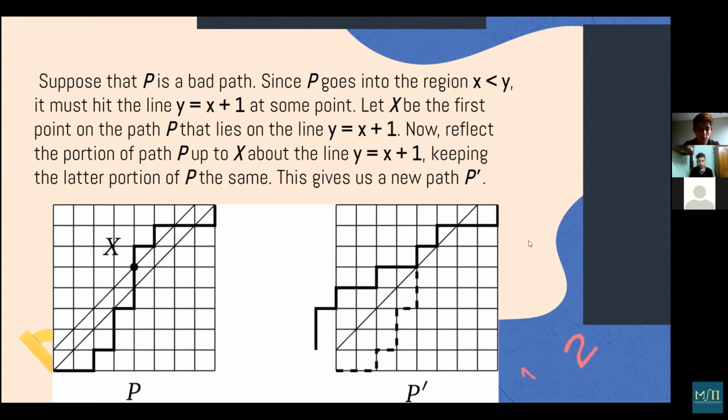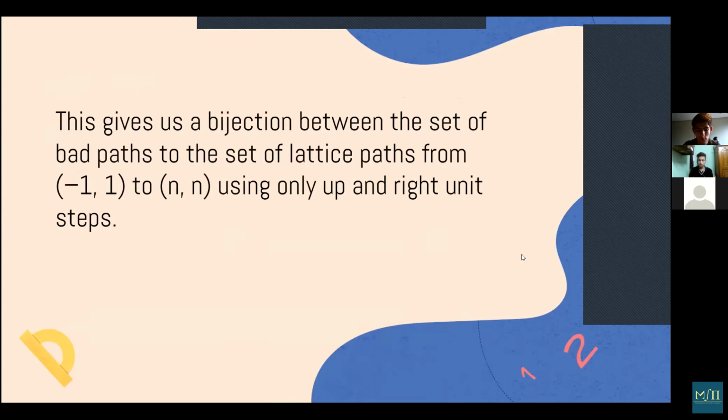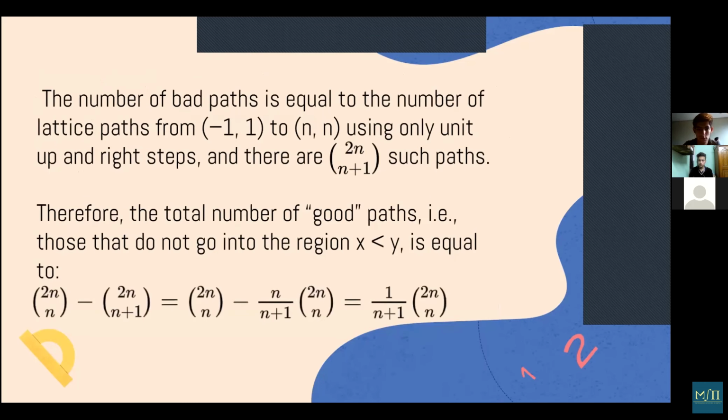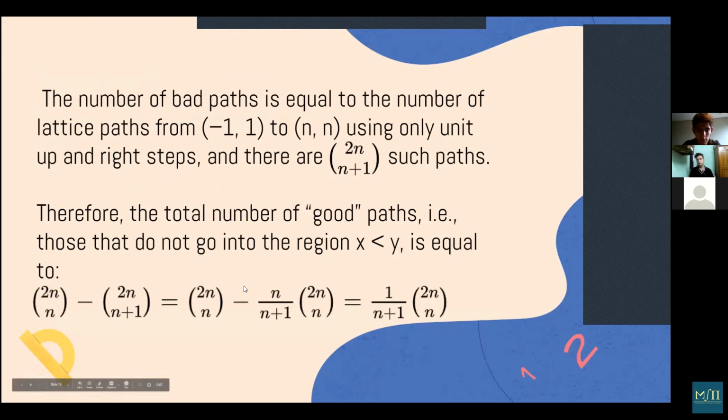And what that results in is the total number of paths from -1, 1 to n, n, right? And so the total number of paths from -1, 1 to n, n is 2n choose n plus 1, this one. And so the total number of good paths is this. Why?